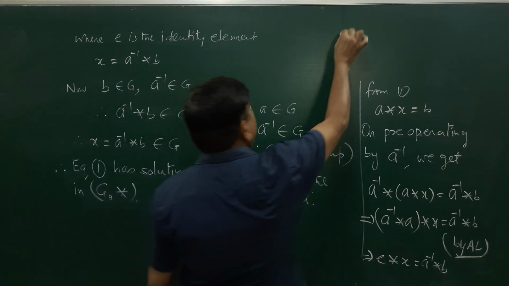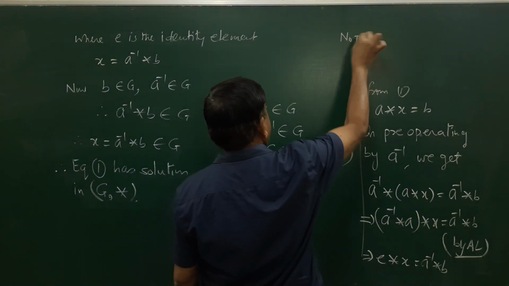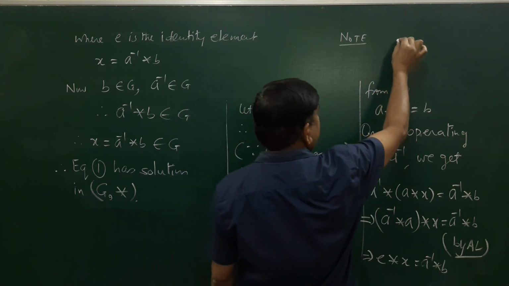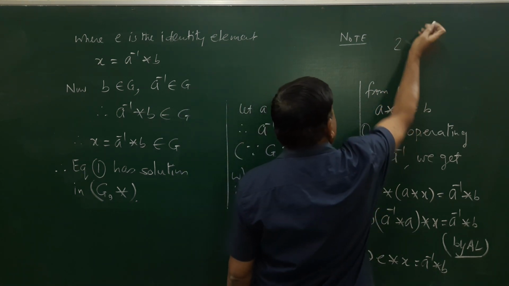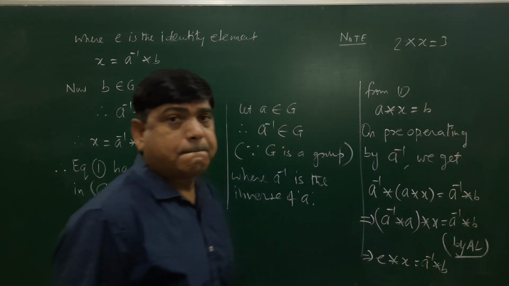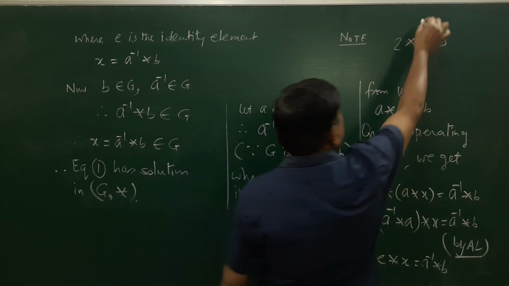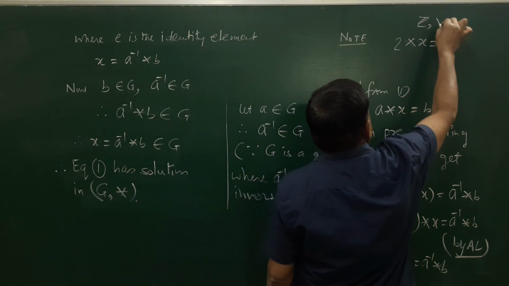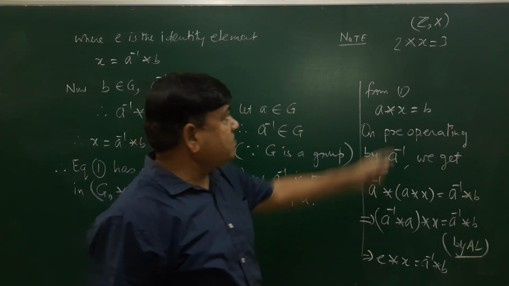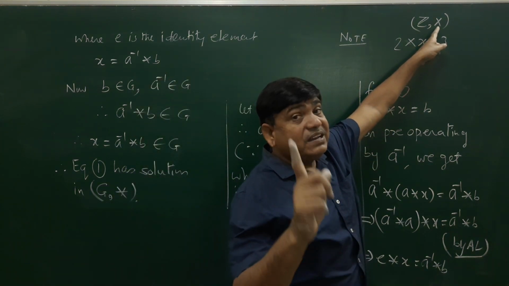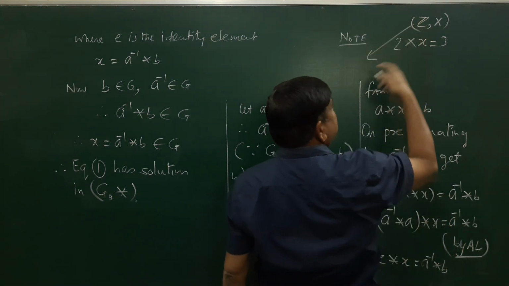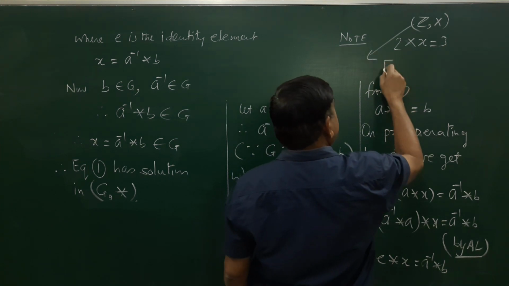Instead of this one, note, if I say the integers, then remember this is the binary composition in Z, but this is not a group.